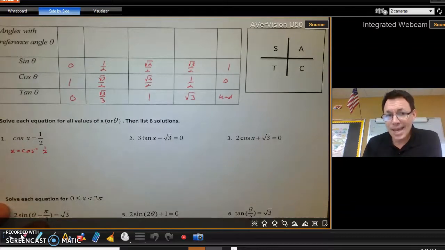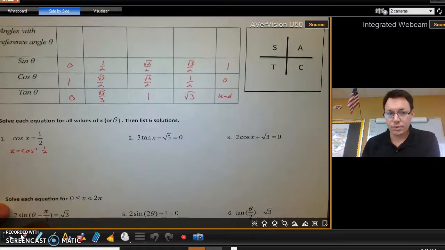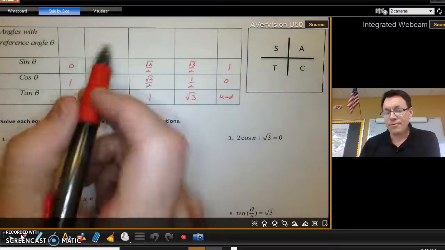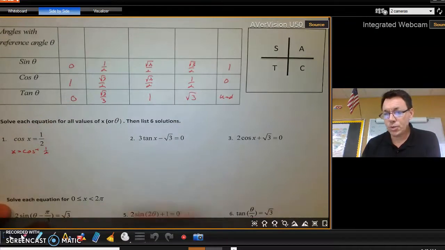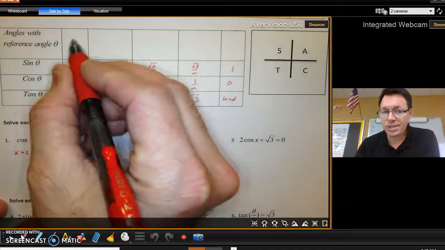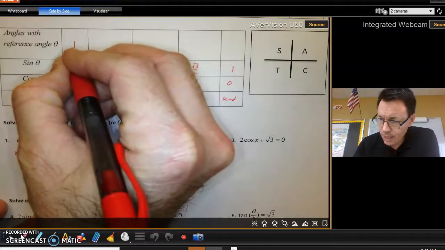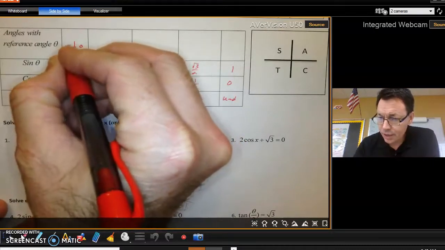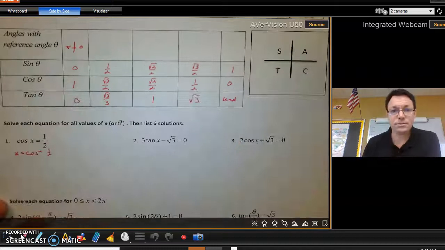But you may want to go ahead and list all of the angles that have that reference angle to use while we're solving these equations. For example, I wouldn't just put 0 here. I would put 0, and I'd also put pi because pi has a reference angle of 0.